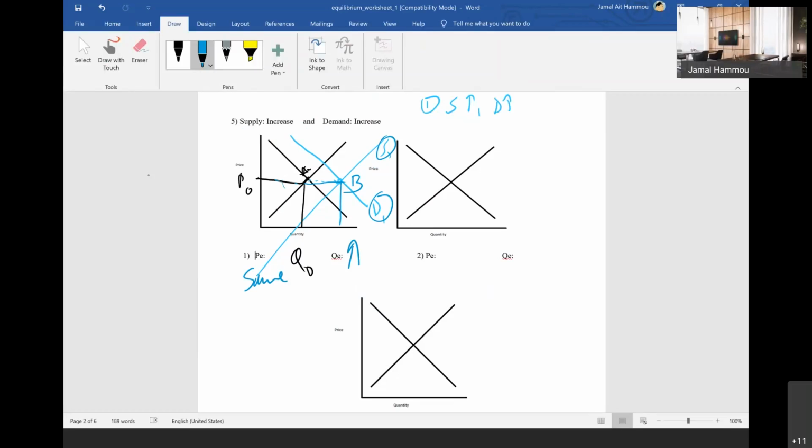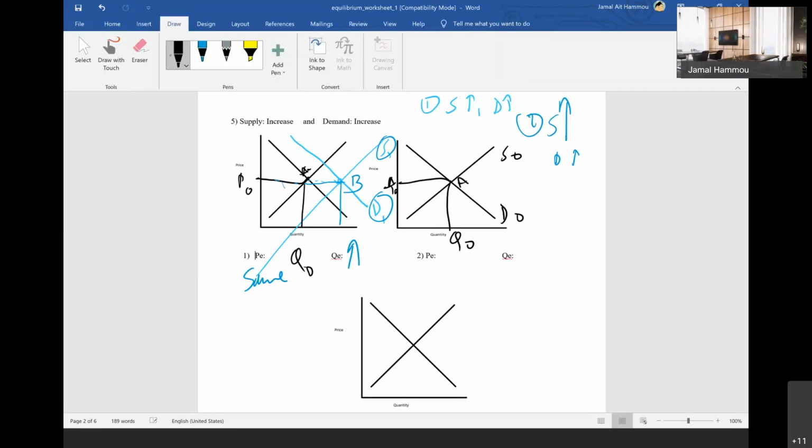Case number 2, it could be that supply increased a lot, but the demand shifted just a small amount. So they are both increasing, but the difference is the size of the shift. So I will go back and do the same thing. Say, okay, I started from point A, P0, Q0, S0, D0.